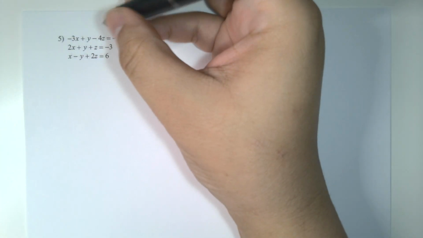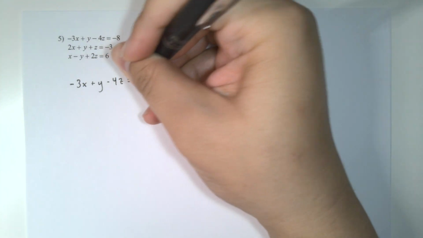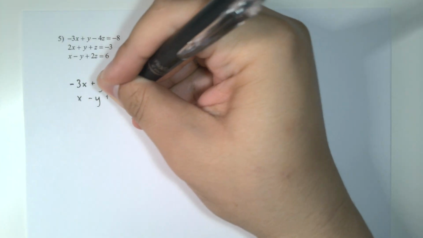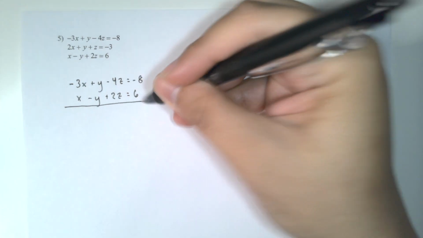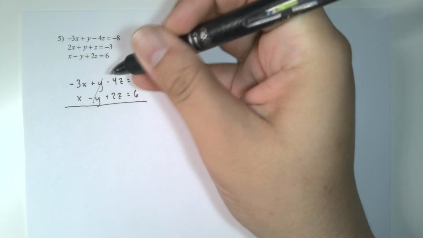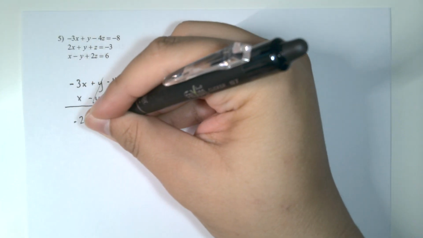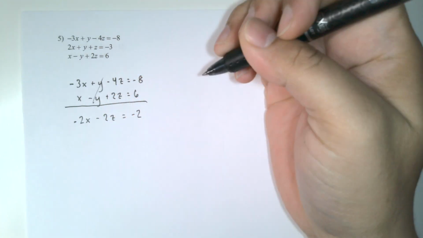So if we use equations 1 and 3, that means we have negative 3x plus y minus 4z is equal to negative 8. And then we have x minus y plus 2z is equal to 6. These, we don't even have to multiply by anything. The y's will cancel. And we have negative 2x minus 2z is equal to negative 2.